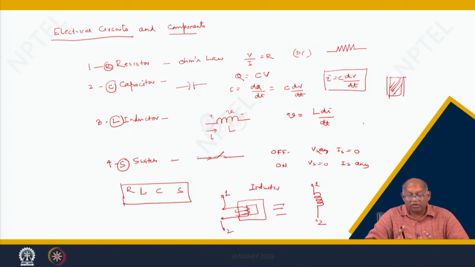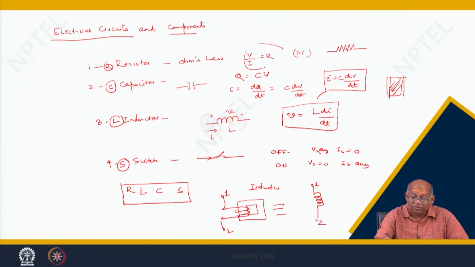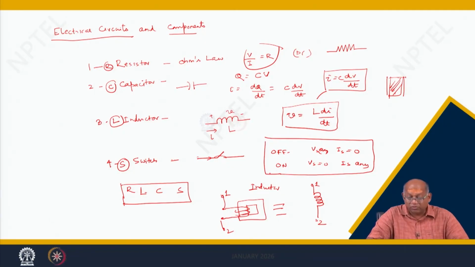These are the four concepts, and the laws I have already told. For the inductor this is the rule, for the capacitor this is the rule, for the resistance this is the rule, and for the switch this is the rule. These are the 4 concepts you remember. Now, we will get slowly into the circuits.